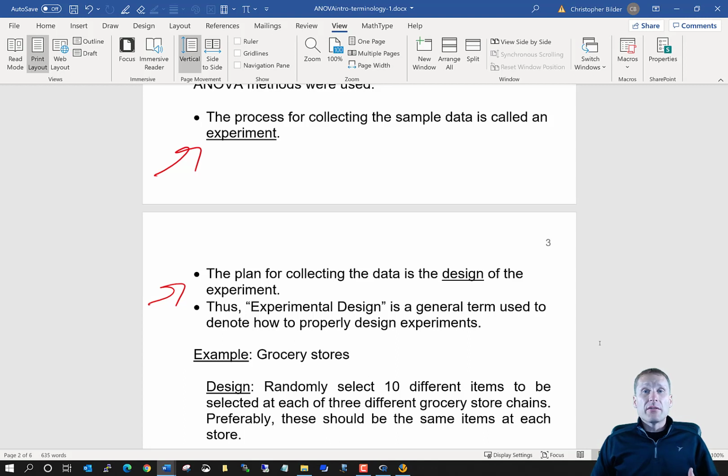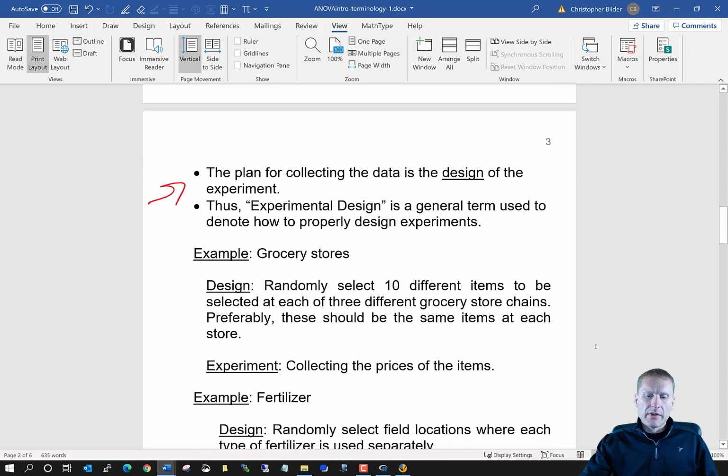In fact, many of you will take a course called experimental design sometime in your graduate school experience, so a lot of the stuff that we're doing right now is extended greatly in a second course.